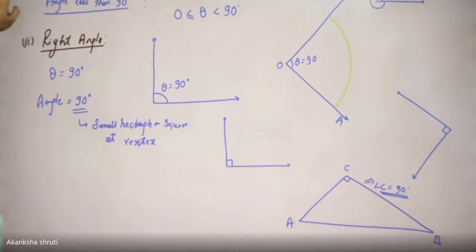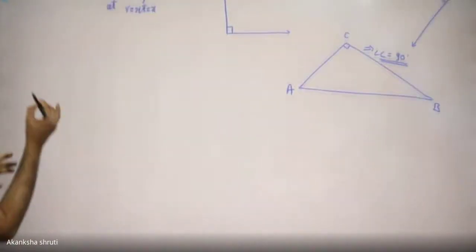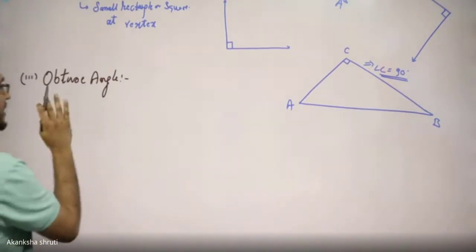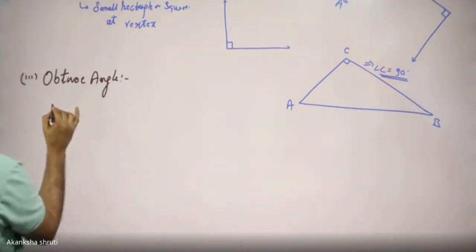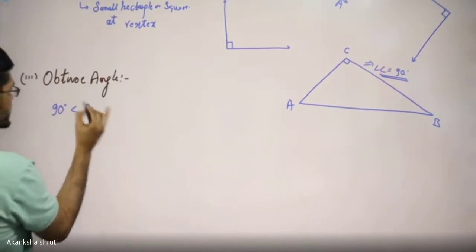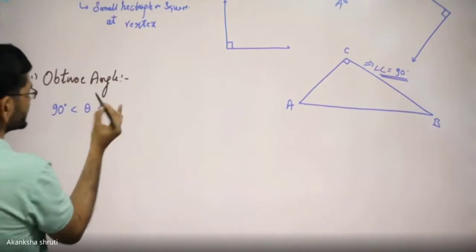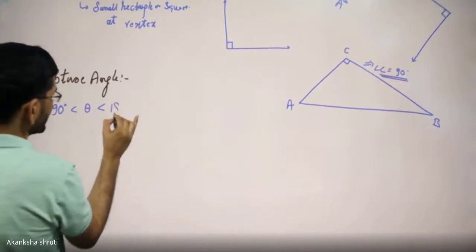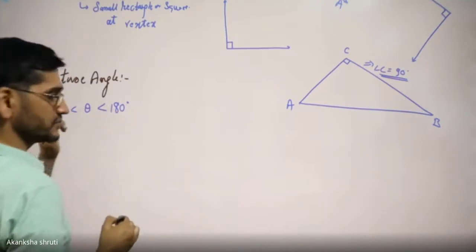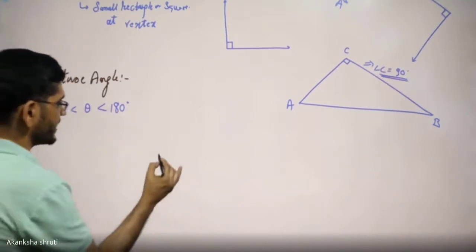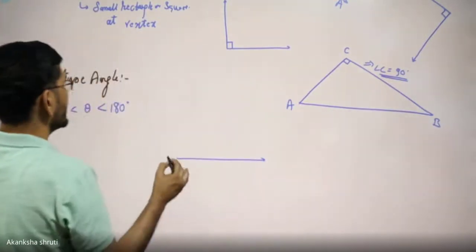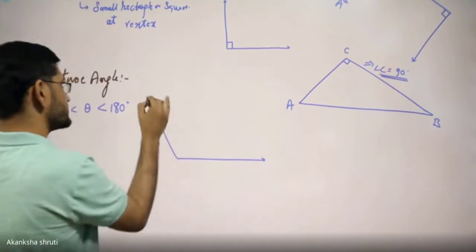The next one is our obtuse angle. Students, obtuse angles are all those angles or a range of angles whose value is greater than 90 but less than 180 degree. Then it is called an obtuse angle. Say, let us consider this line and the other one is this one.